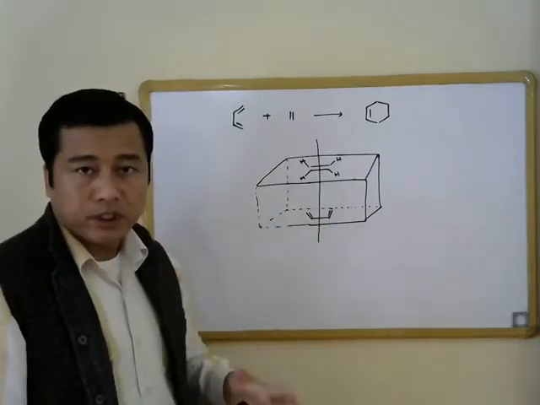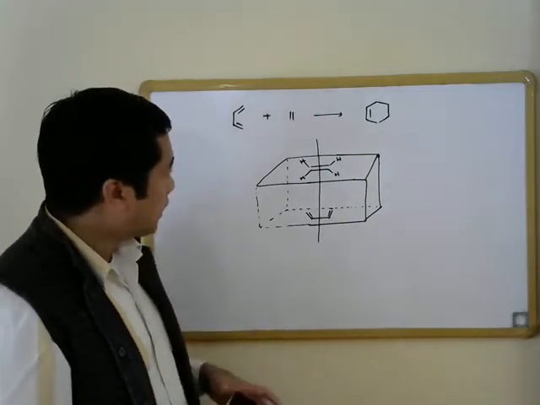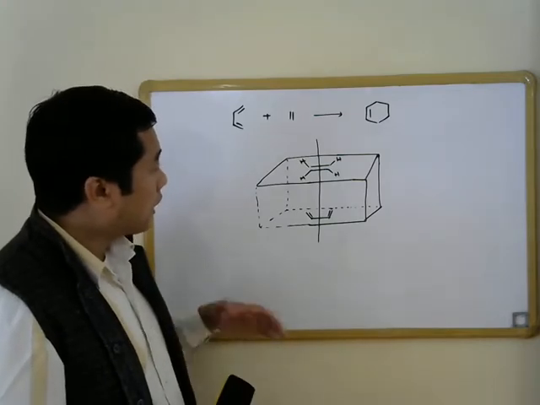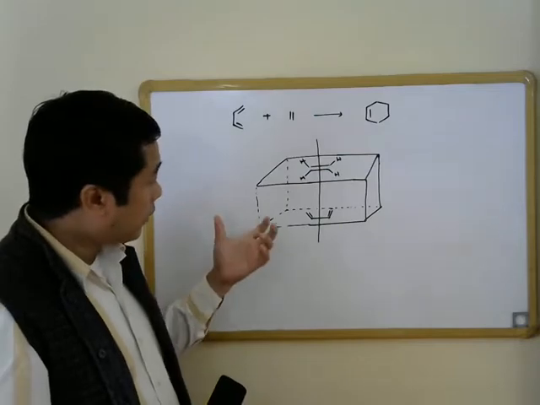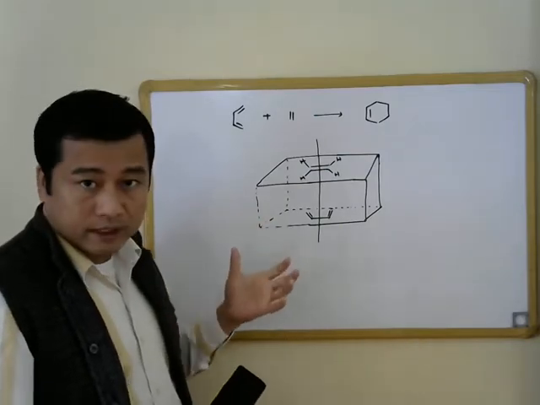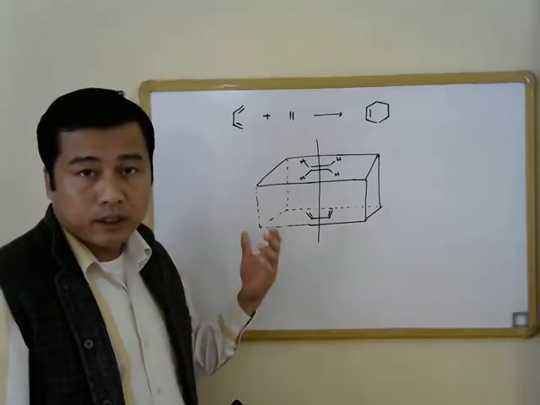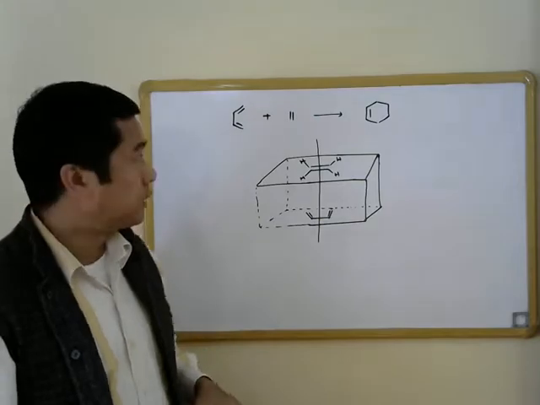That plane of symmetry is the only symmetry element which persists during this concerted process, and we will have to identify whether the orbitals involved in this reaction or the orbitals in the product are symmetric or antisymmetric with respect to this particular plane of symmetry.